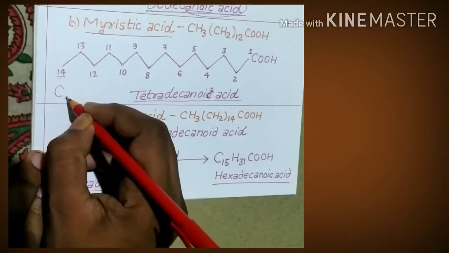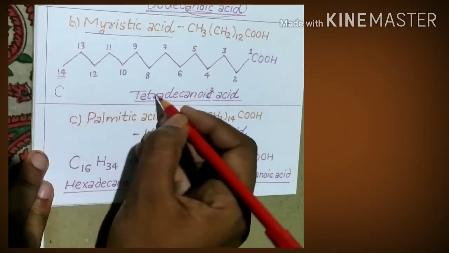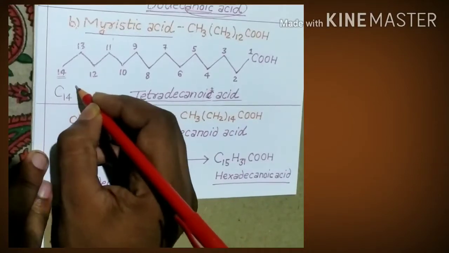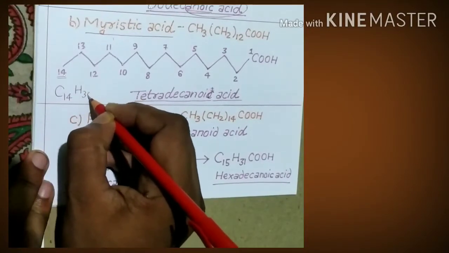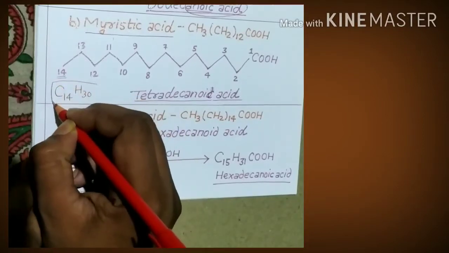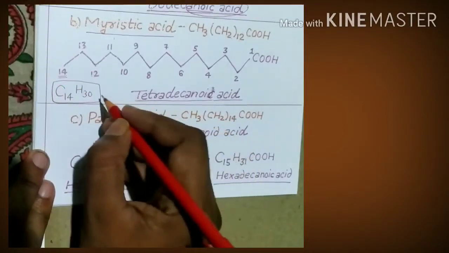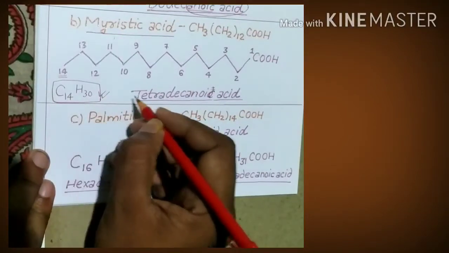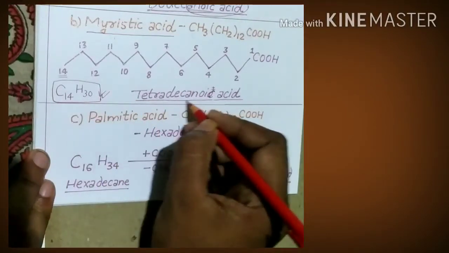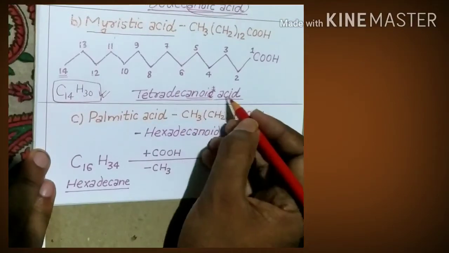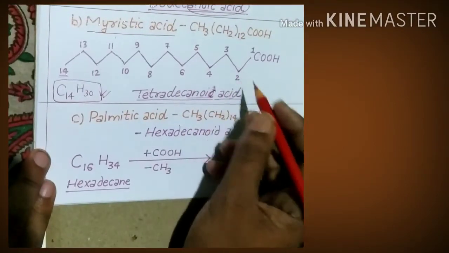So what is the parent of this acid? C14H30. This is tetradecane, and for tetradecanoic acid the suffix anoic acid has been added.